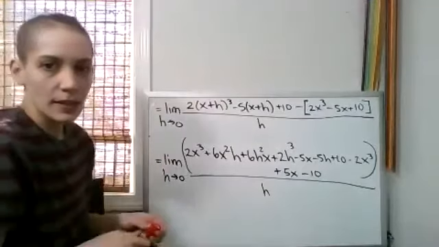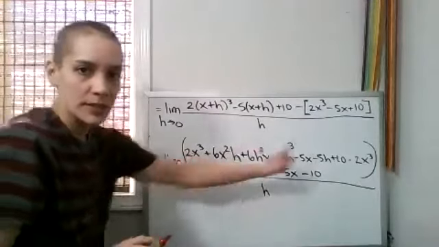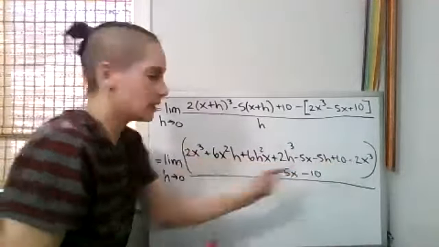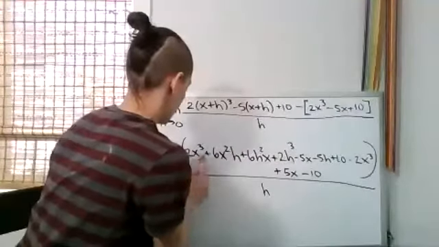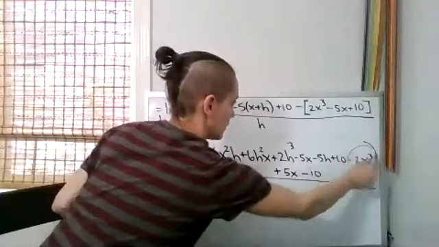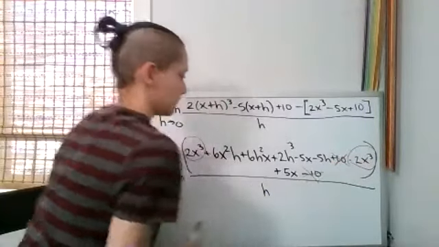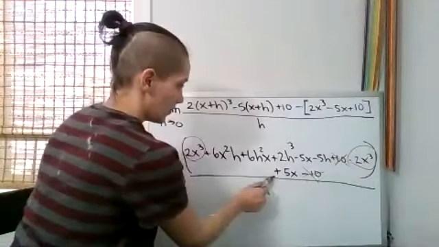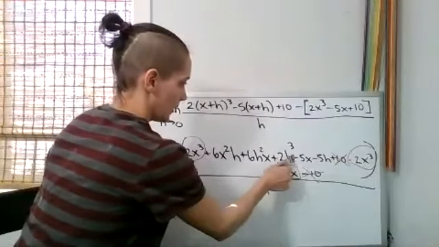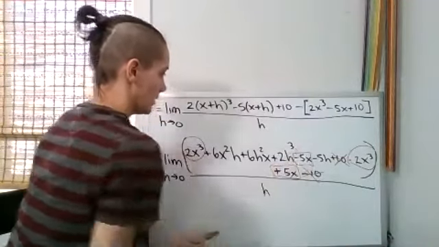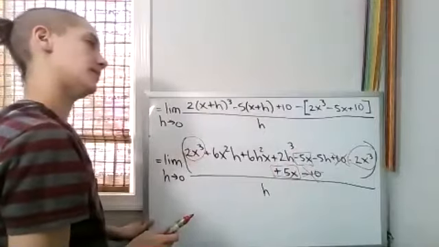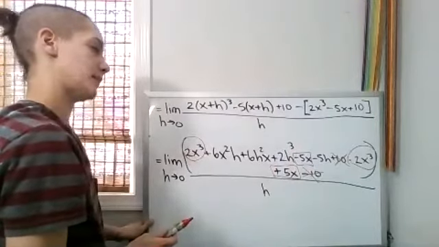Okay. I can already see this positive 2x cubed and a negative 2x cubed. So let's get that. Here's a positive 10 and a negative 10. Also same for 5x, negative 5x. I think that's it.